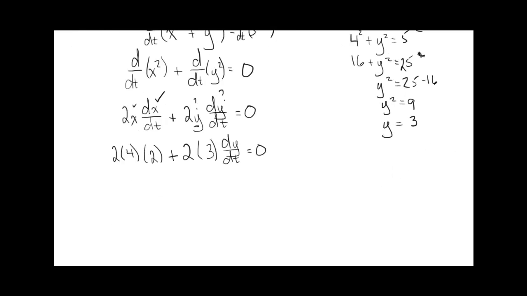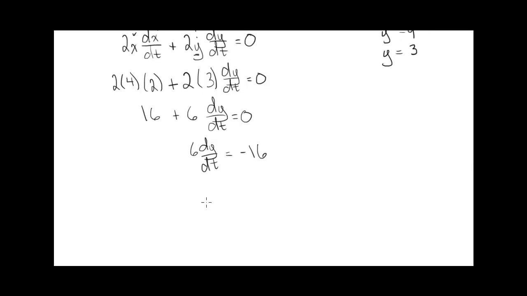And now we'll just sort of rearrange everything. So it'll be 16 plus 6 dy/dt. Subtract 16 from both sides. And divide by 6 on both sides. So divide by 6, divide by 6.